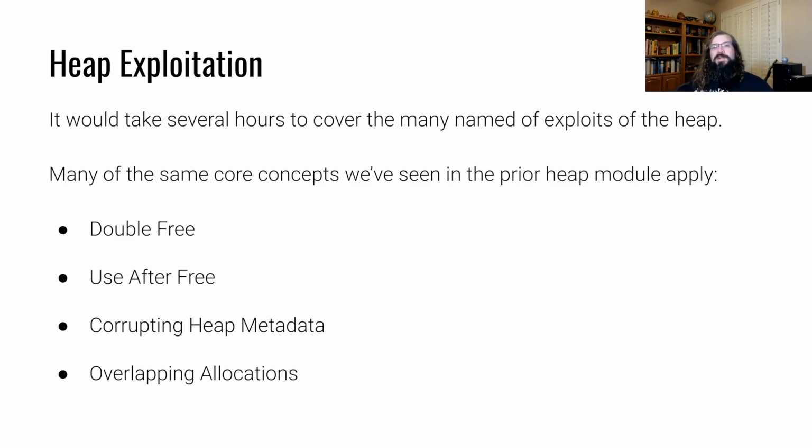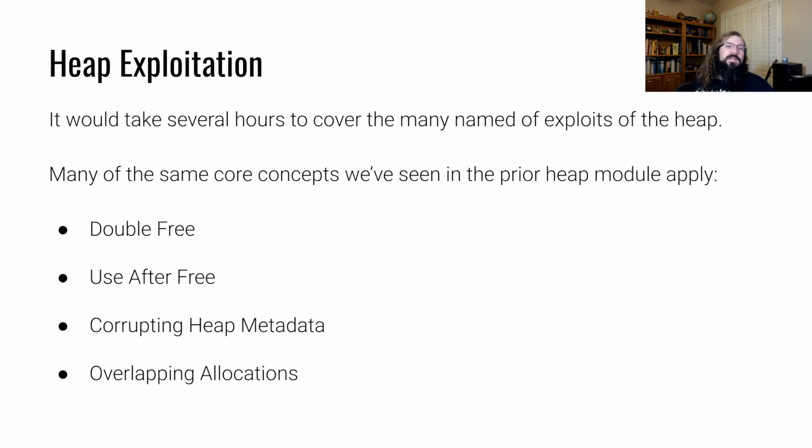Now, many of the concepts that are used in these more complicated heap exploits are things that we've already seen because we've done them in earlier heap modules with tcache. Things like creating a double free. You may need to create a double free to even begin the exploitation process for a more complicated heap exploit, or having a use after free. We've seen use after free.